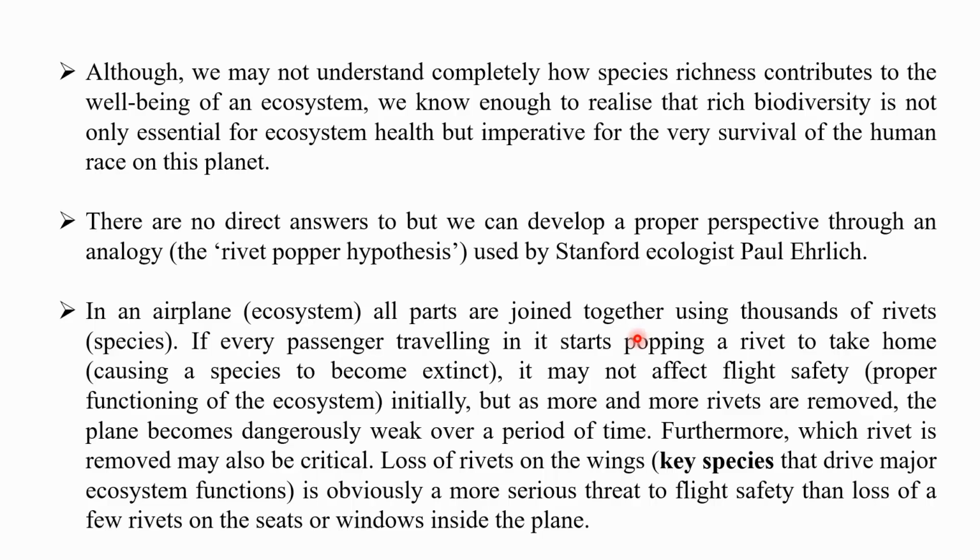So the loss of the rivets on the wings, for example, which are very crucial and obviously important, is a more serious threat to flight safety than the loss of a few rivets on the seats and the windows inside the plane.